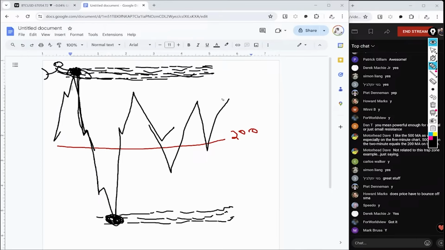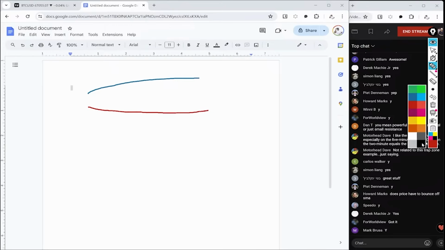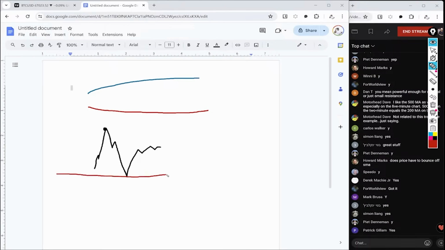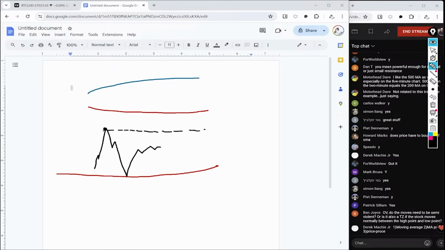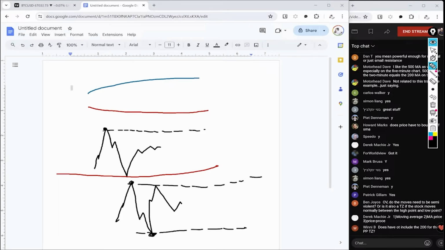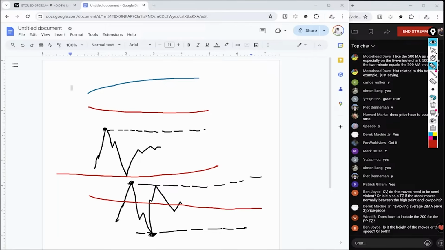So do you have the 3 different types? Moving average. Let me do little versions of them. Price, moving average. And you have price. The 200 doesn't have to be there. You don't need a 200 to have price.